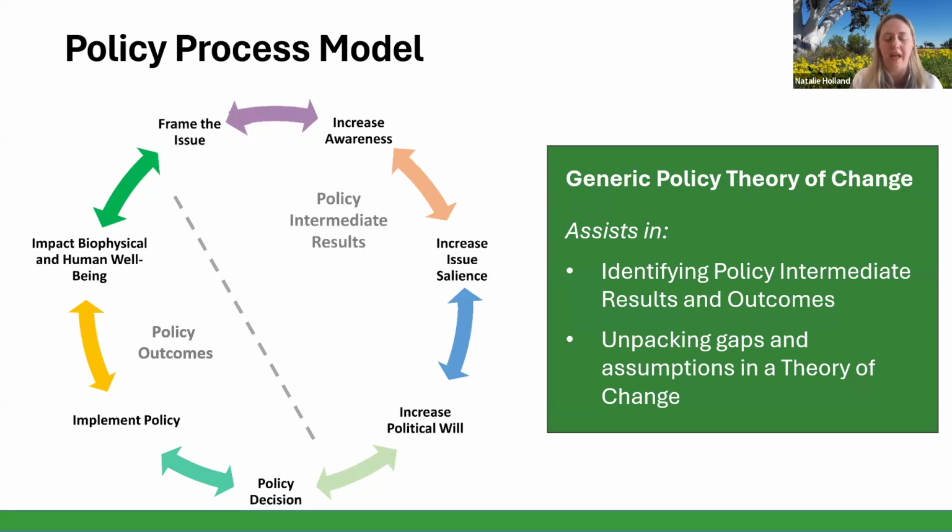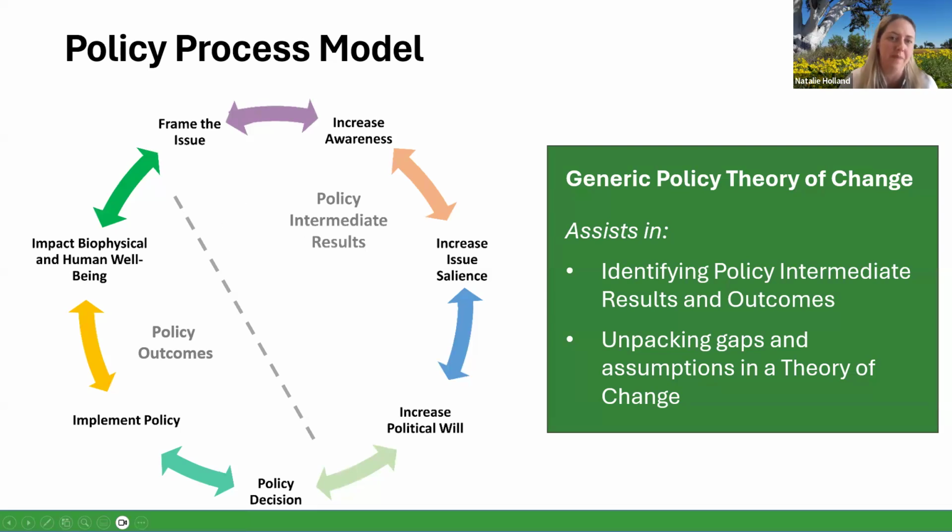The other thing I should add is within TNC, the way we view a policy outcome is still as an intermediate result towards an ultimate outcome being the outcome for people or nature, so the actual conservation or human wellbeing outcome.